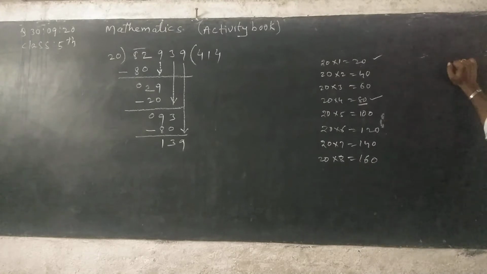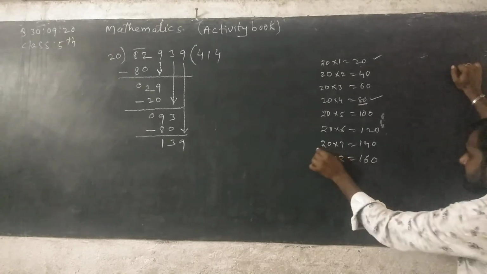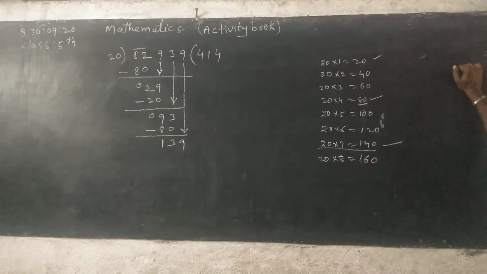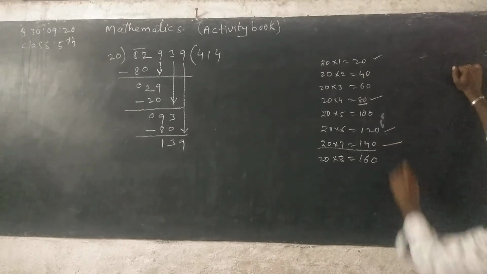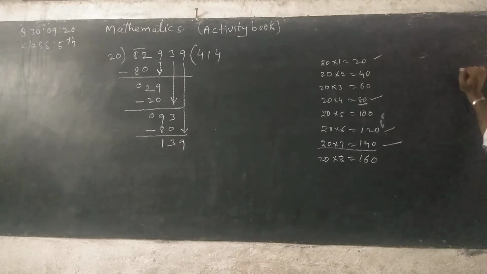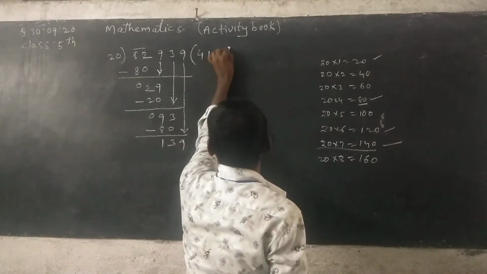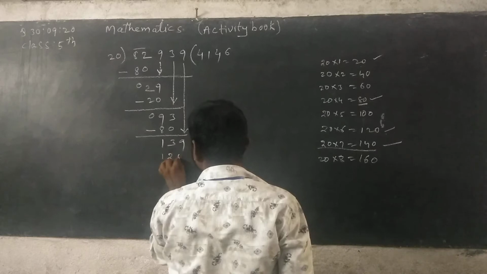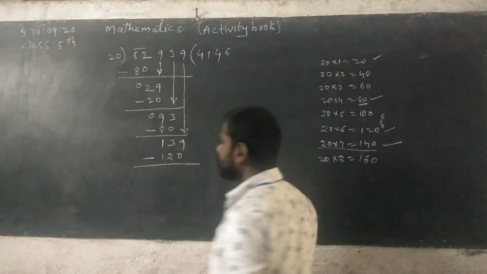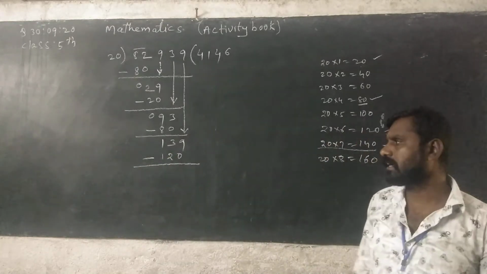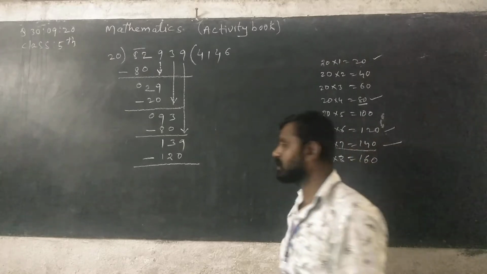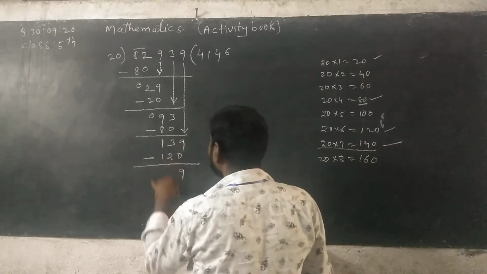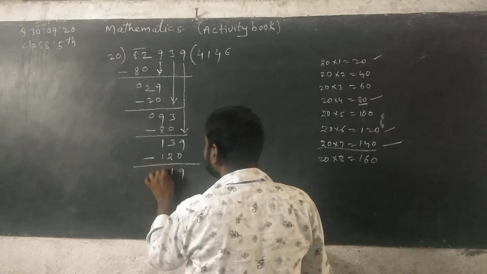So 140 is more than 139. So we have to take 20 sixes are 120. See here, 120 is subtracted from 139. First we subtract the ones place digit. 9 minus 0, 9. 3 minus 2, 1. 1 minus 1, 0.